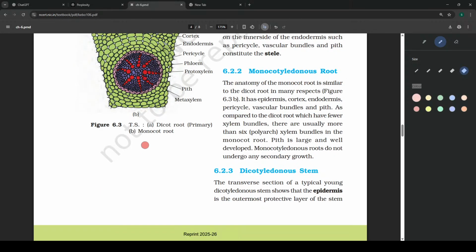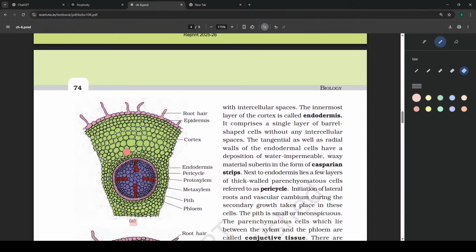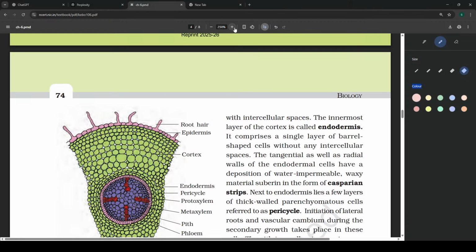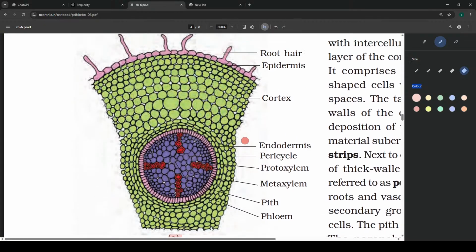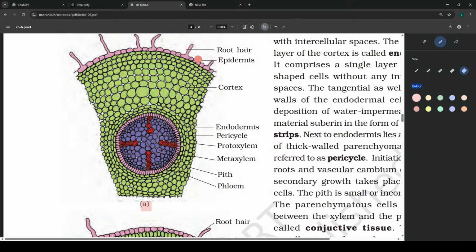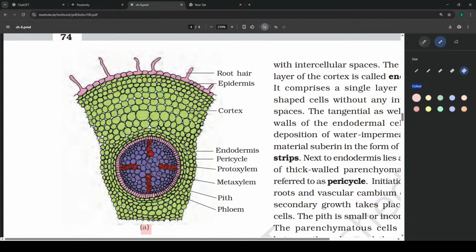Okay, this is the monocot root and this is the dicot root. If we see the figure here, this is the first layer here, starting with epidermis. Root hairs here help in absorption of water and minerals.